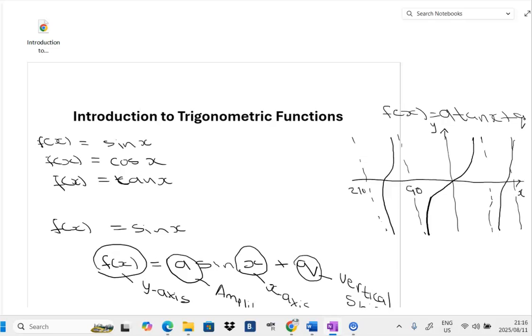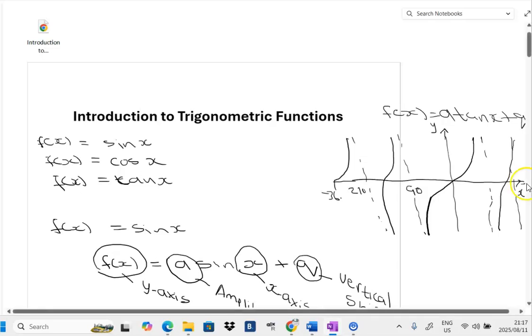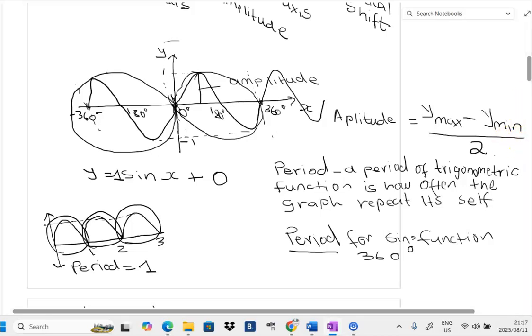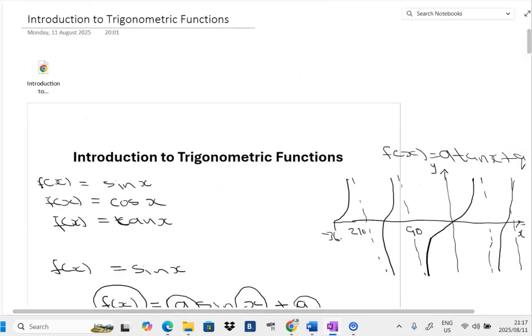So we're gonna have something like this, if it's 360, we're gonna have something like this. Okay, let me go back. This is 360, then also there is 360. Okay, so these are the asymptotes.